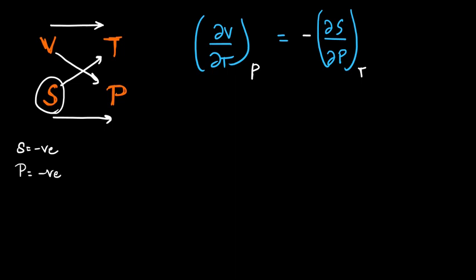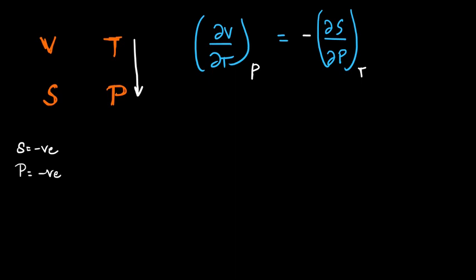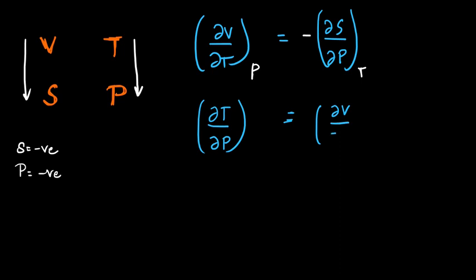Okay, so next we have to find the second relation. In my first relation I have gone from here to here, so in my next relation I am going to move like a square. If I'm moving from T to P, then I have to move from V to S. So from T to P, I can write dou T by dou P, and similarly, from V to S, I can write dou V by dou S. Now we have to see the opposite diagonal for the constants.